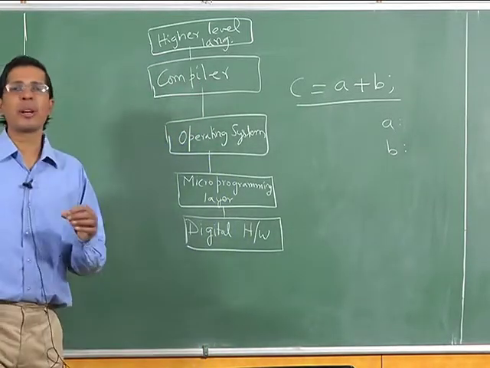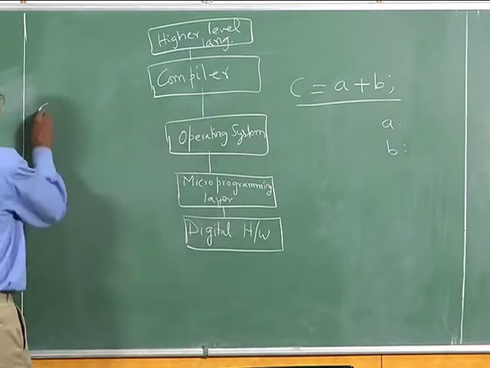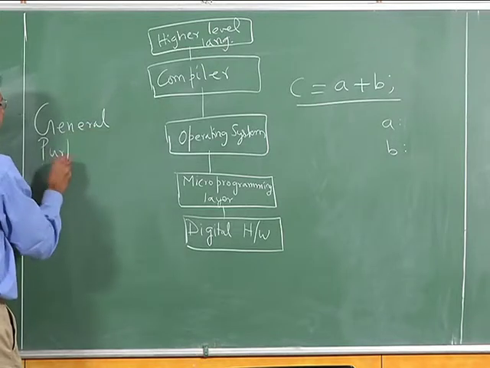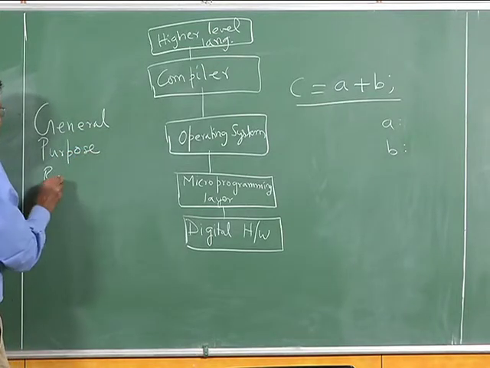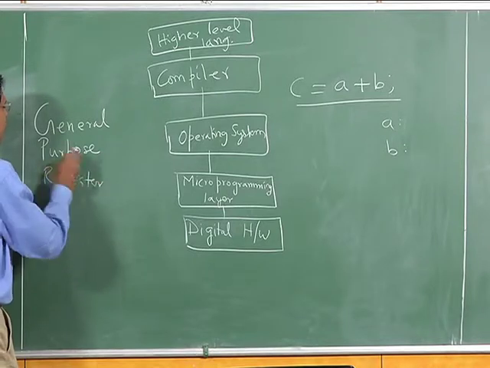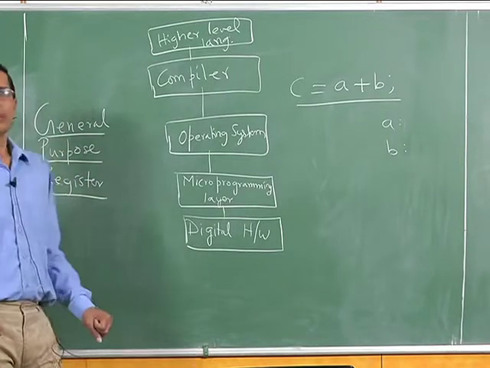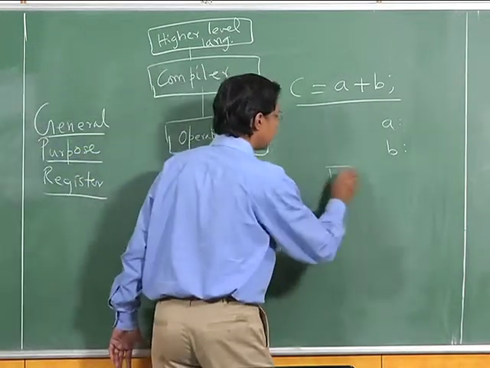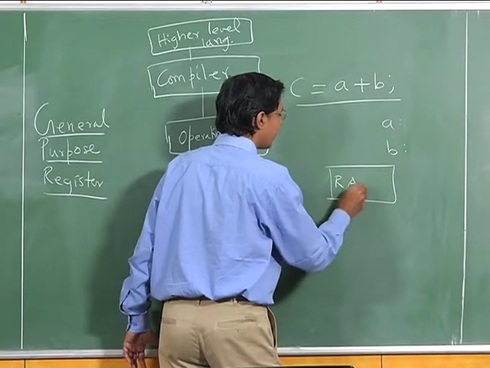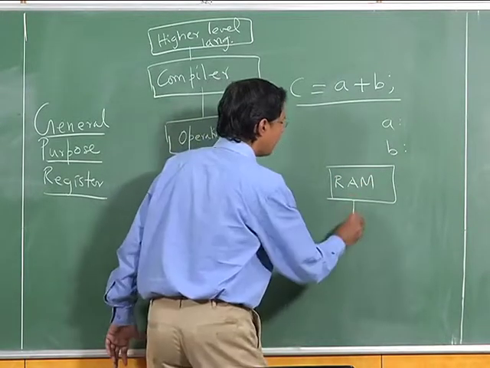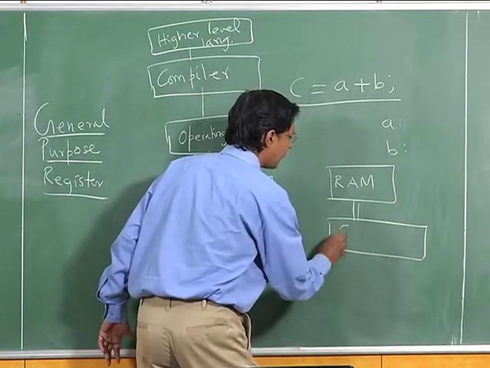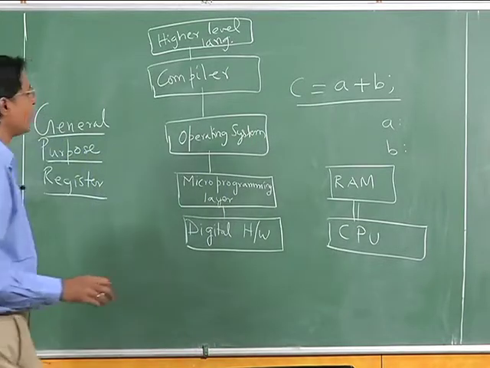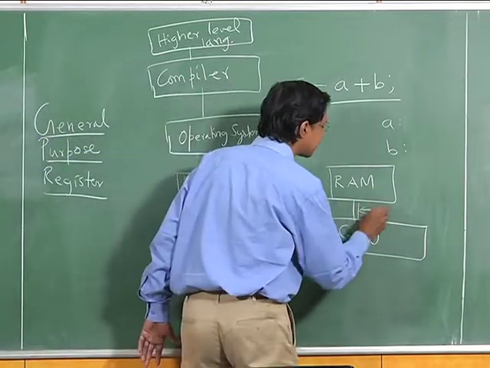To explain what a general purpose register is: the program that you execute is actually in the memory or RAM, and there is an interface between the RAM and the CPU through what we call a bus.